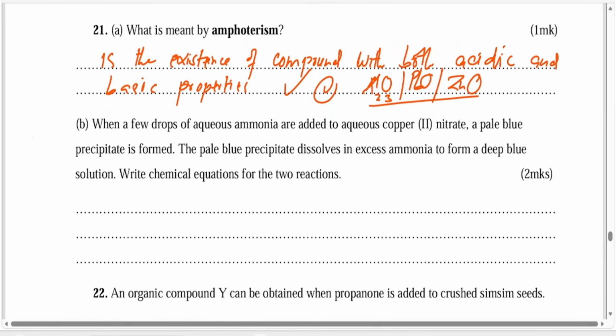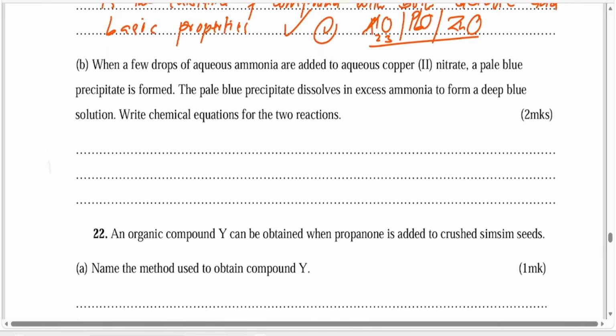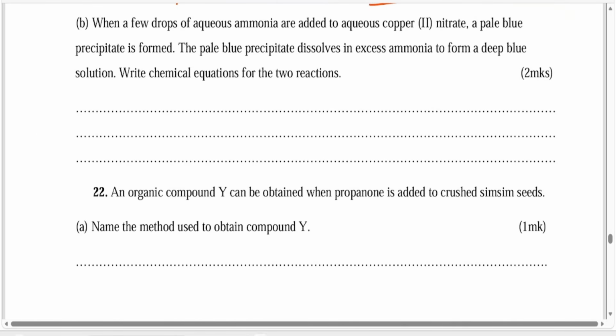Part B of the question, when a few drops of aqueous ammonia are added to aqueous copper 2 nitrate, a pale blue precipitate is formed. The pale blue precipitate dissolves in excess ammonia to form a deep blue solution. Write chemical equations for the reaction.